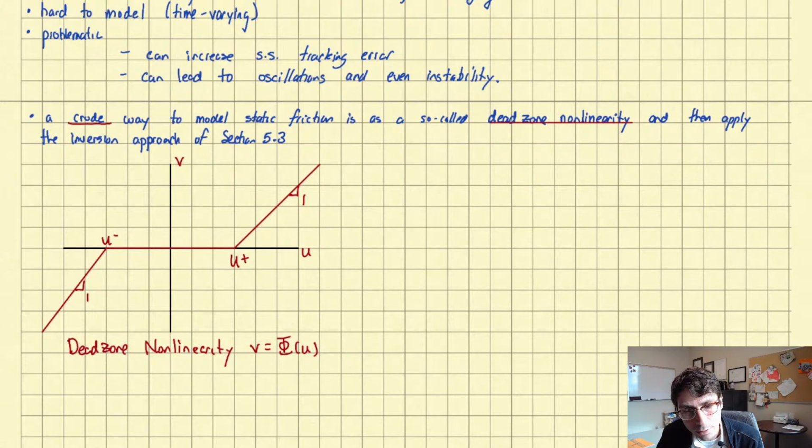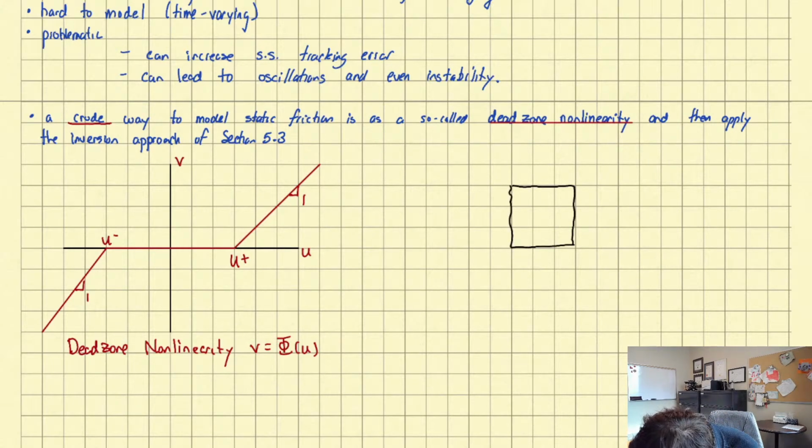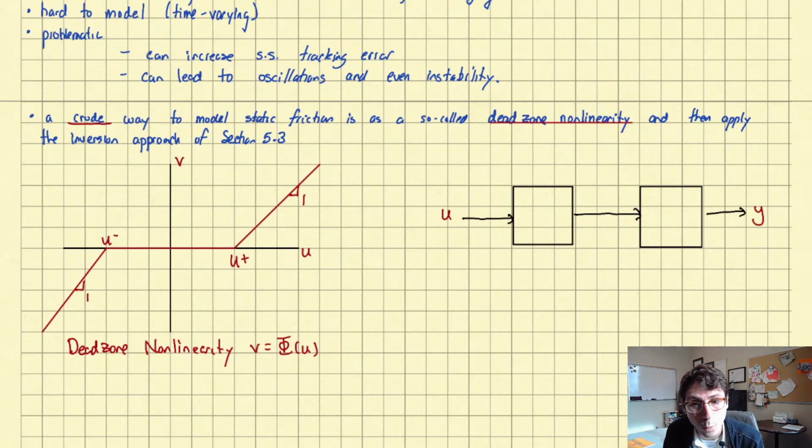And so the model that we're going to have is the following. The input will be U, as always. Output Y. Here we're going to have an otherwise linear system, and here we have our dead zone nonlinearity.